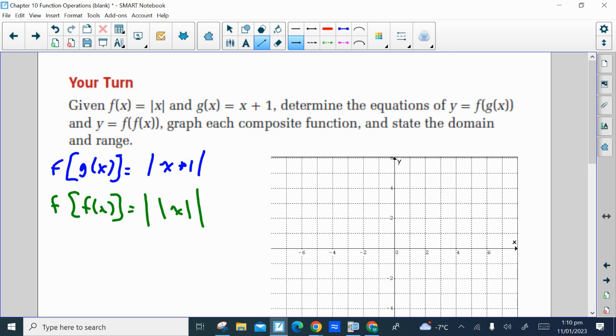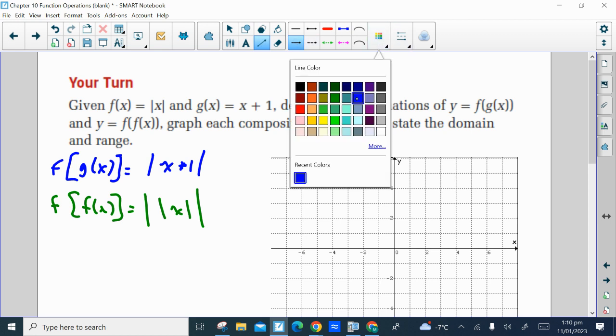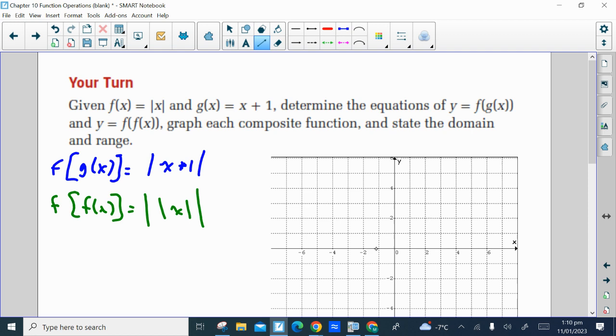All right, so this is going to be the graph of y equals the absolute value of x plus 1, shifted 1 to the left. And you can definitely, if you wanted to, set up a little table of values for yourself to make sure that it's going through the proper points.